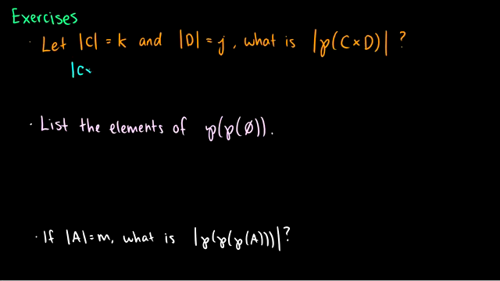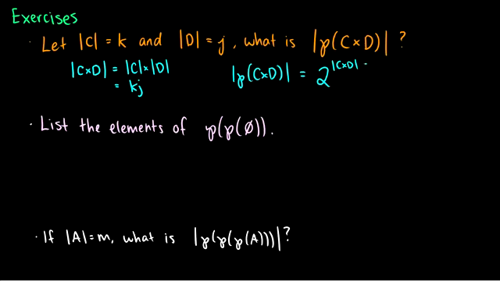The size of C cross D is just the same thing as the size of C times the size of D, so this is just K times J. Which means that the size of the power set of C cross D will just be 2 to the size of C cross D, which we know is just equal to 2 to the K times J. So when you take Cartesian products with power sets, things get really crazy really fast.